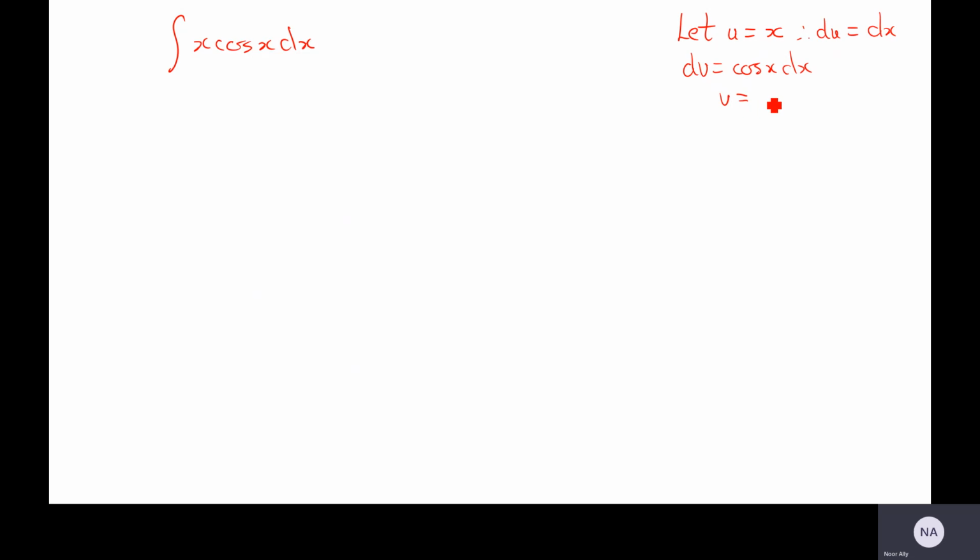Therefore, v is equal to sine of x. Now I use my formula: uv minus the integral of v du. So this will be equal to x times v, sine of x, minus the integral of sine of x, and what's du? dx. Just using that in the integration by parts.